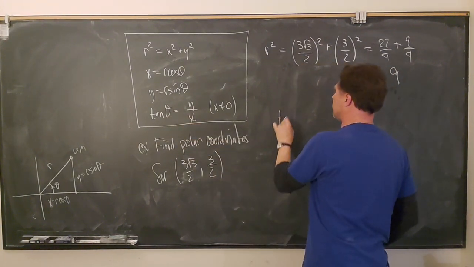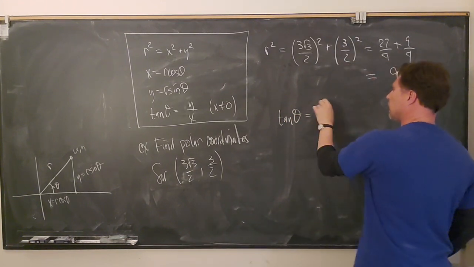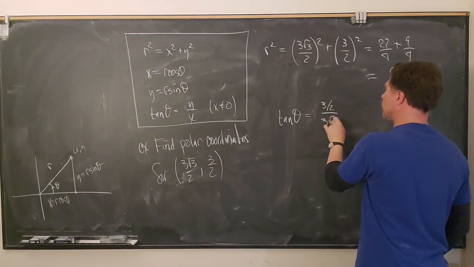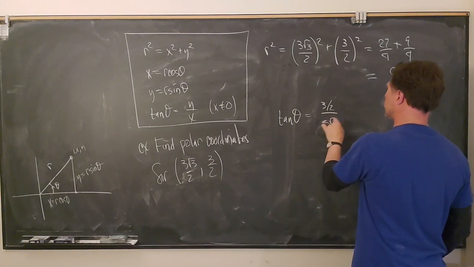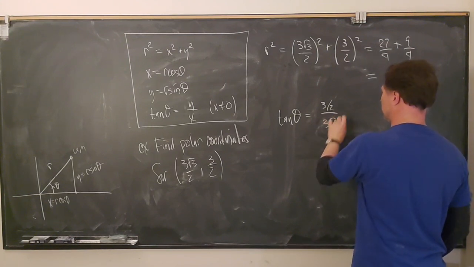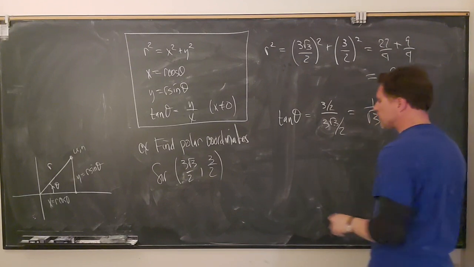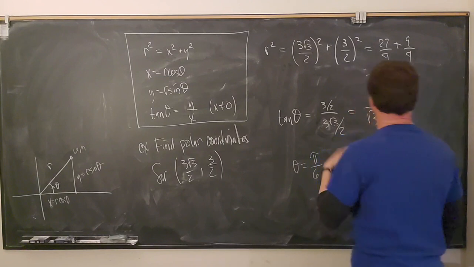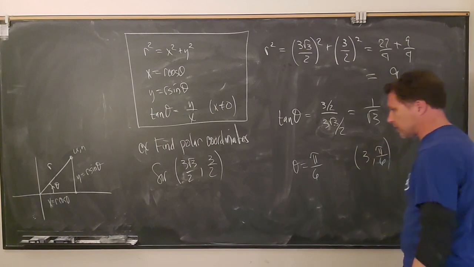So we get tangent theta is equal to 3 halves over 3 root 3 over 2, and that comes out to be 1 over root 3, which means theta can be pi over 6. So one correct answer is 3 comma pi over 6.